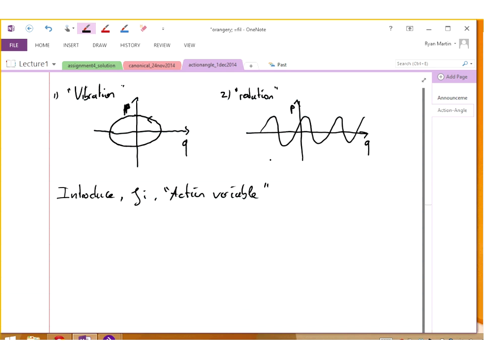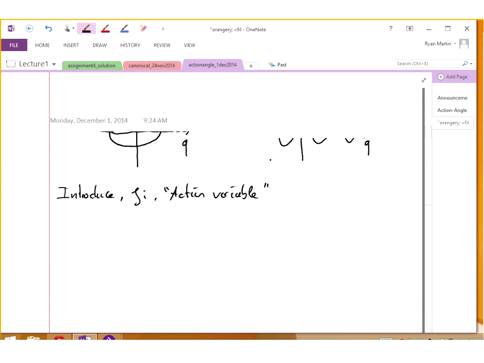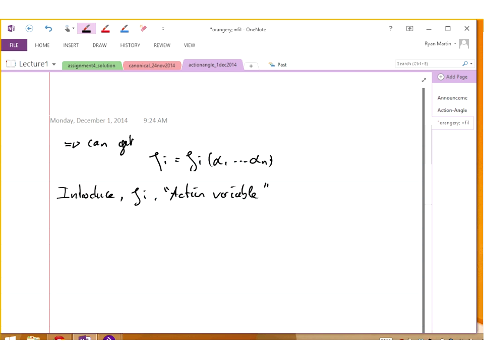So the result, J_i, doesn't depend on q anymore. It only depends on the alphas. So the assumption is that you can find these W's, and then you can do these integrals, and you can find the action variables J in terms of the constants alpha, which you also don't know.